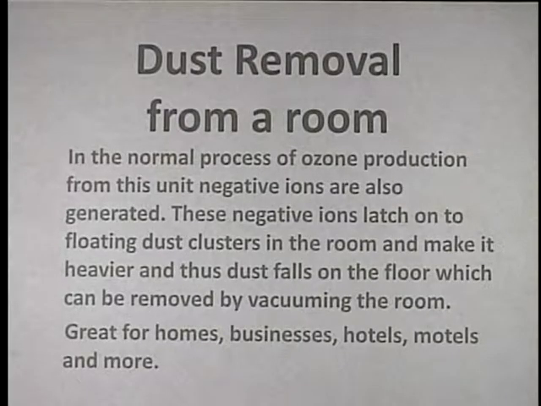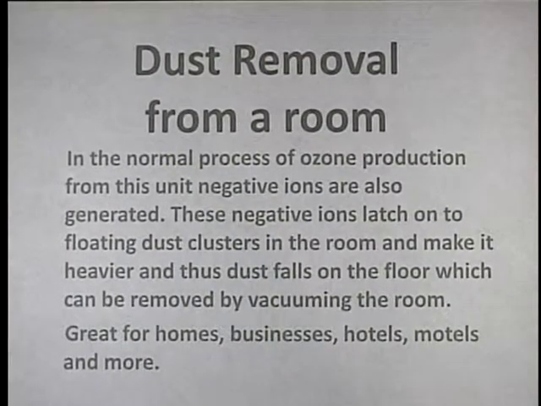The dust removal is, while you're generating ozone, you're also generating negative ions. Negative ions latch onto any floating particles that are in the air, and they form what I call clusters. Those clusters become heavy.